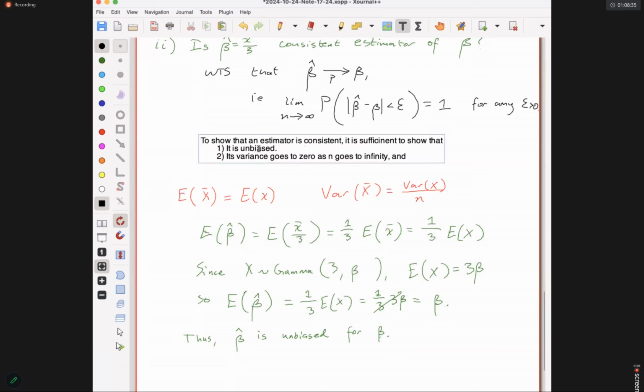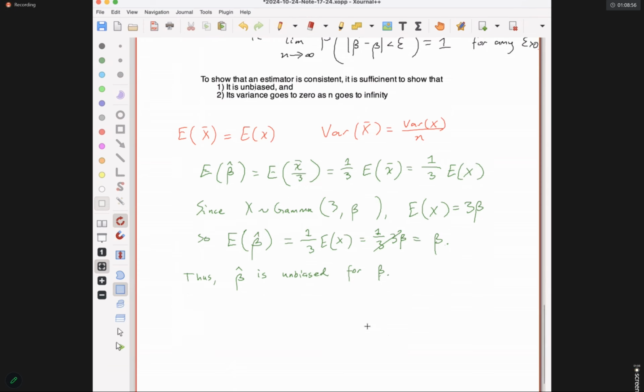I'll just change this to it is unbiased, because I don't think that asymptotically unbiased is a strong enough condition, but this is here, so this is fine in any case. Okay, so we've shown that it's unbiased.